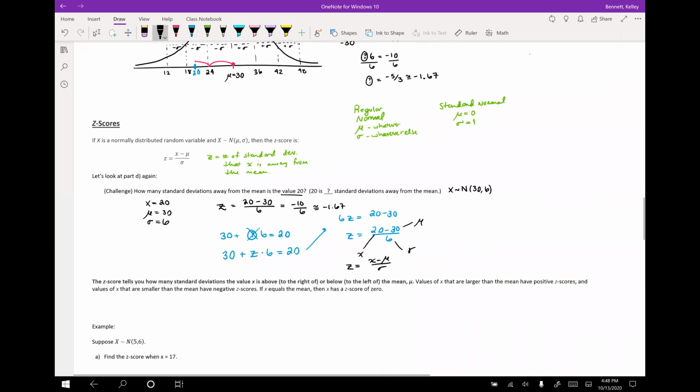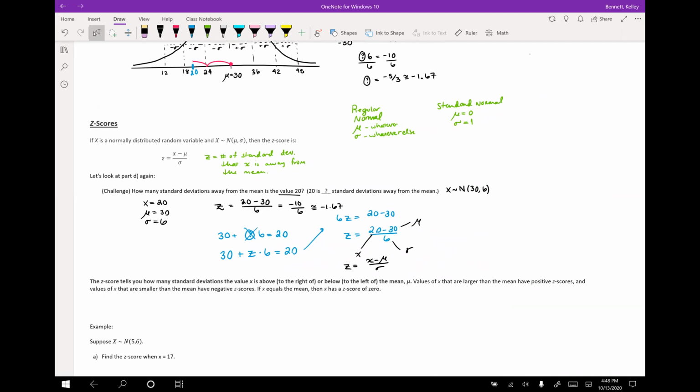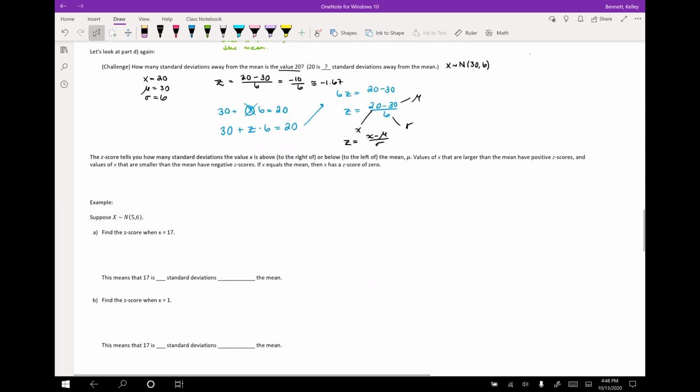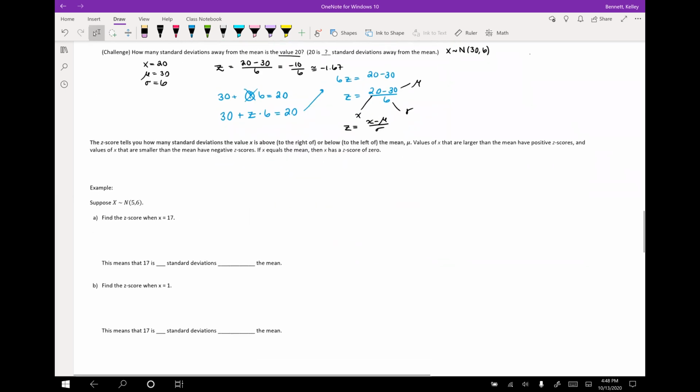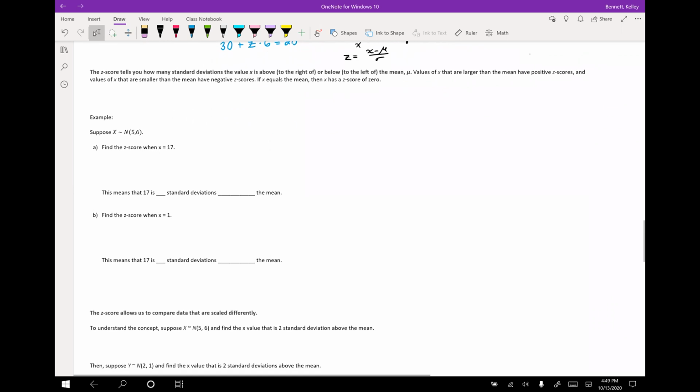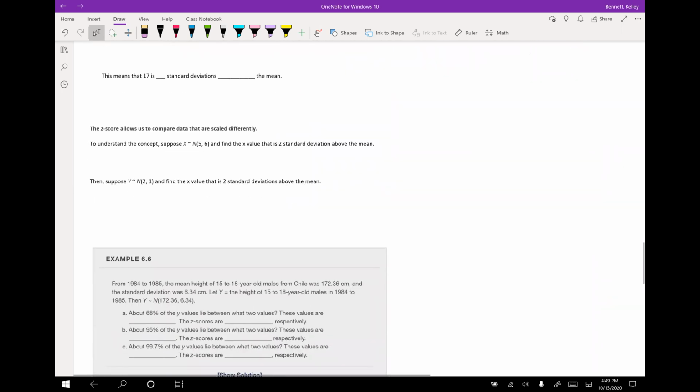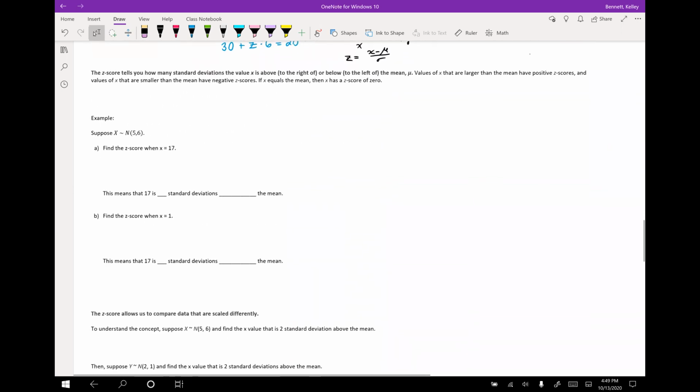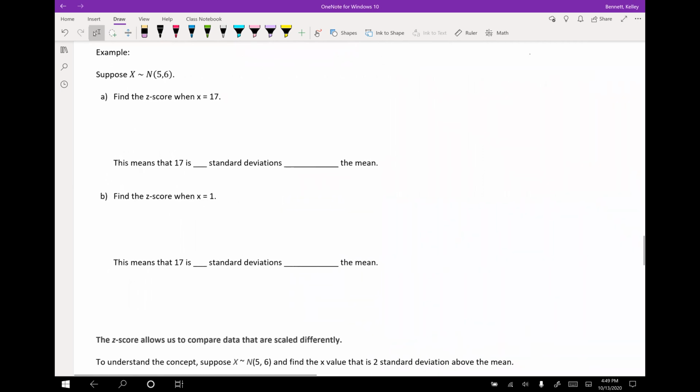If your Z-score is negative, you're a negative number away from the mean, which means you're going to the left. If you're positive, you're going to the right. So let's see if we can use our Z-scores to determine some of these values in the examples. Here we want to find the Z-score when X equals 17.